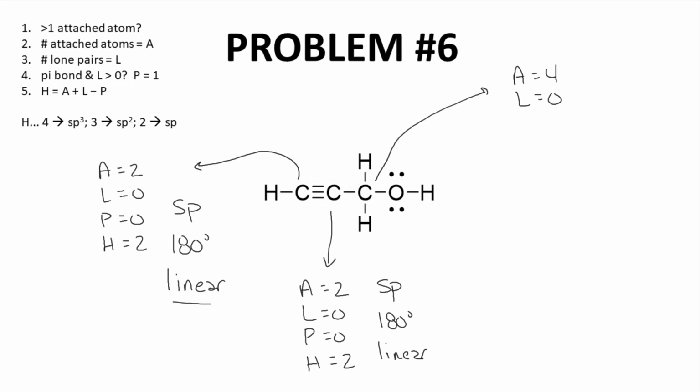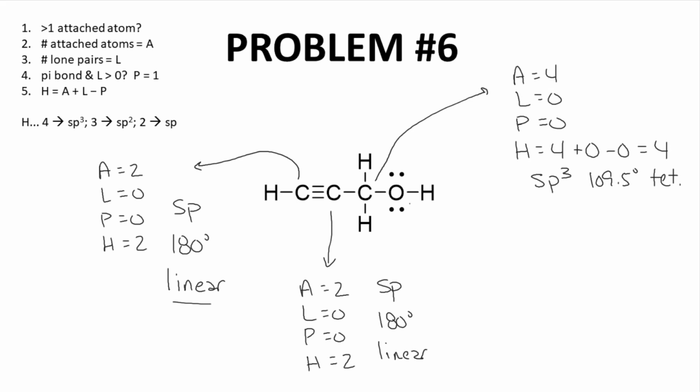P is not equal to 1, P is equal to 0. I promise we're going to see this rule apply. Okay, H is A plus L minus P. That's 4, which gives us, if we look over to the left, sp3. And we've seen it a number of times. That's going to be approximately 109 degrees, and tetrahedral.